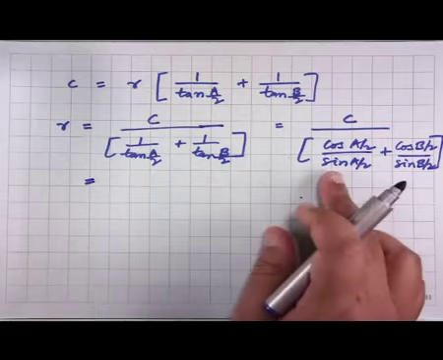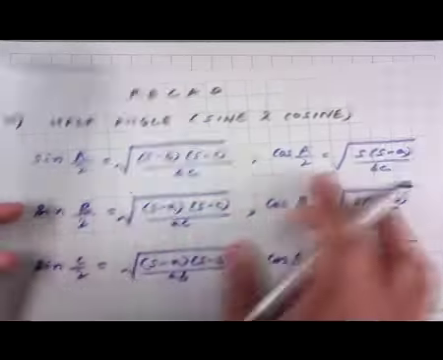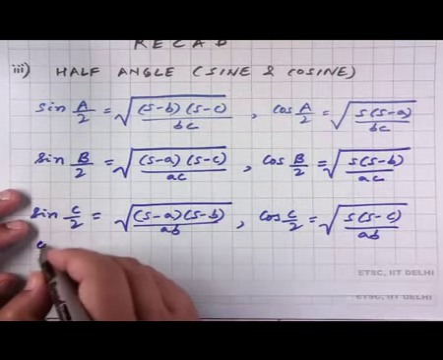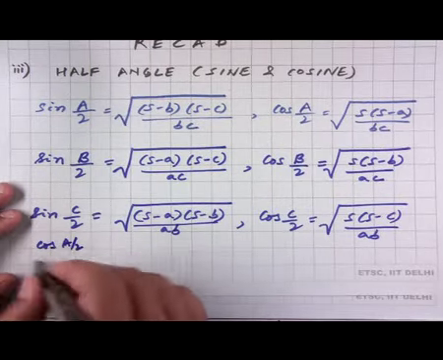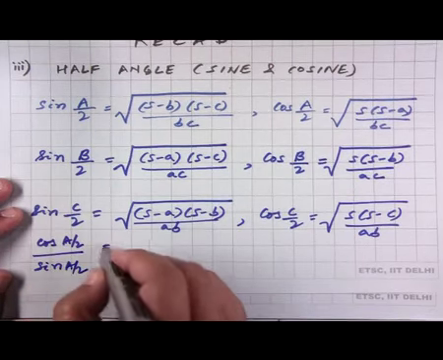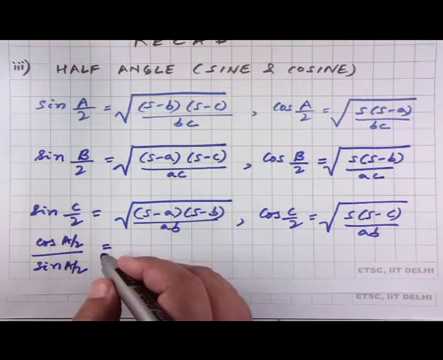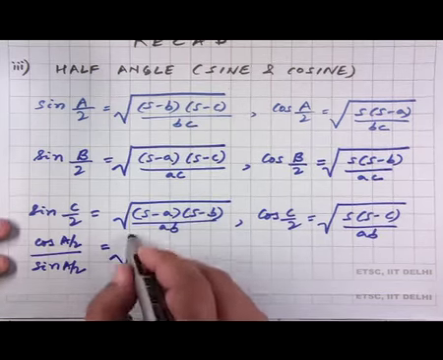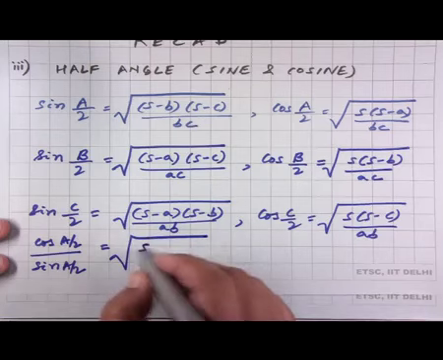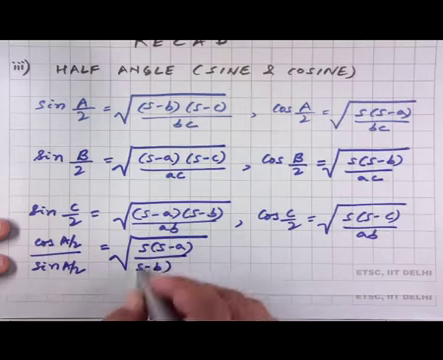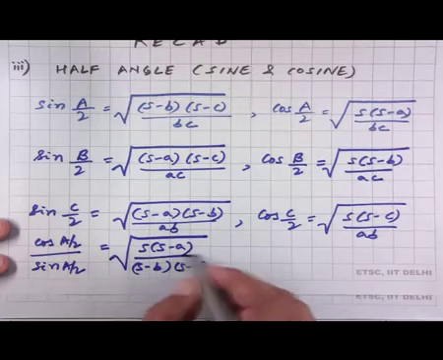And here then we are going to put these formulas. So from here we can see that cos A by 2 upon sine A by 2 equals square root of s into s minus a upon s minus b into s minus c.